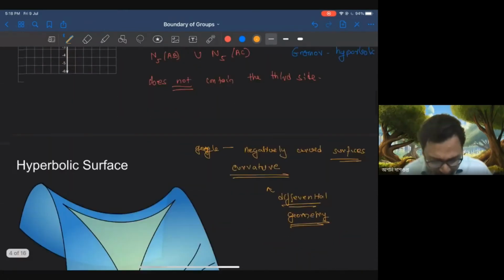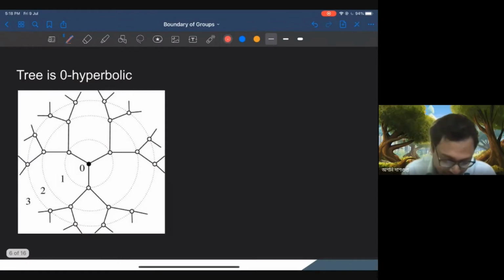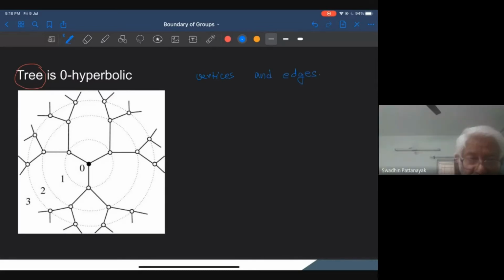Okay. So one good example of a Gromov hyperbolic space is a tree. What is a tree? Well, a tree is a graph. So it has vertices and edges. No cycles.